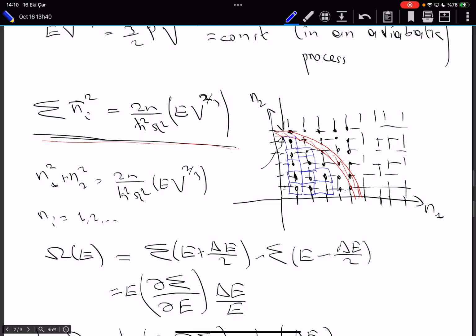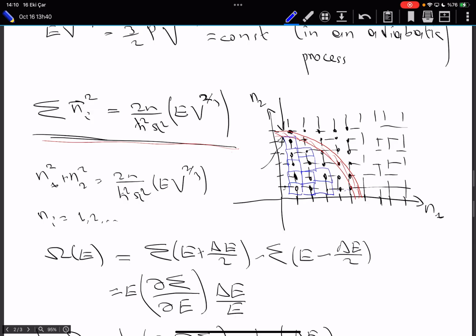So if I want to count the number of points, it's enough for me to calculate the volume of this quarter sphere, and divide it by 1. It will give me approximately the number of microstates inside my sphere.